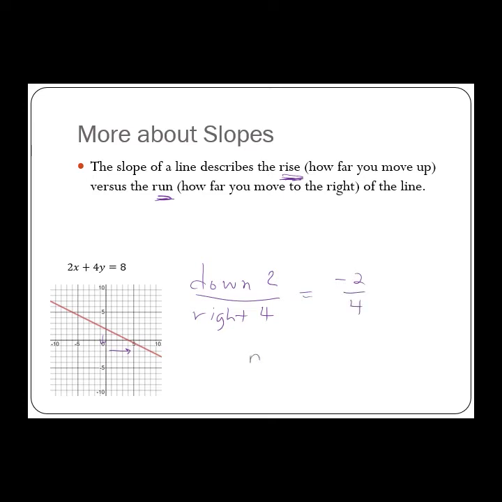We want to reduce that, so that's negative 1/2. That would be the slope. So in your homework, the slope is going to be referred to by an m. We'll get into that a little bit more in the next lesson.